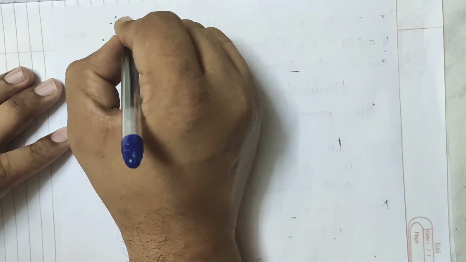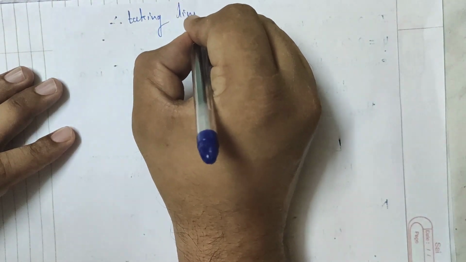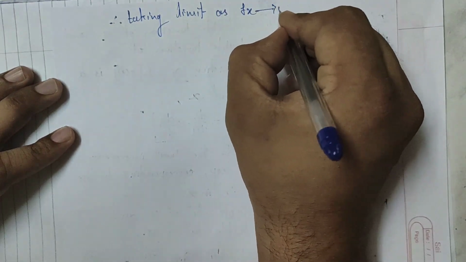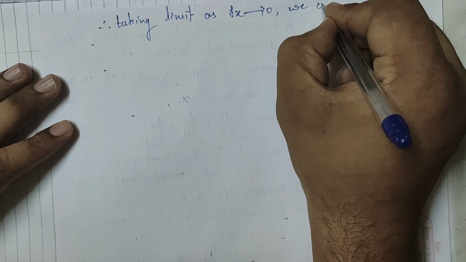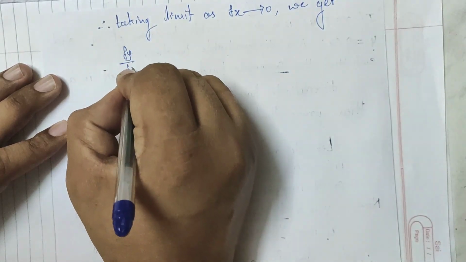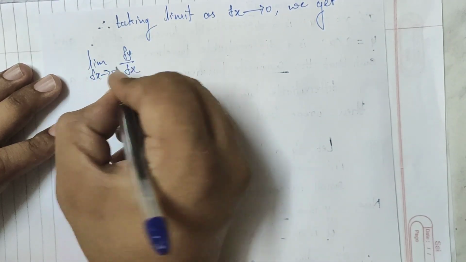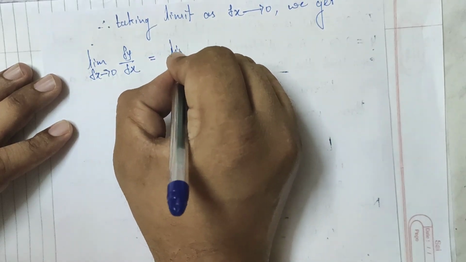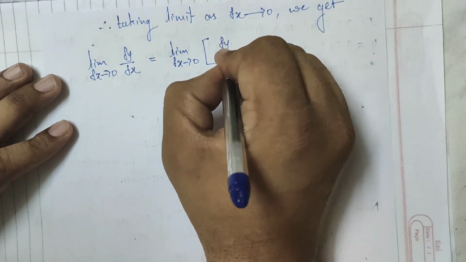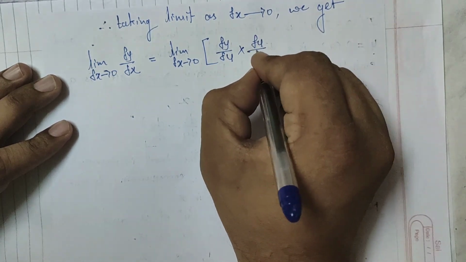Therefore, taking the limit as delta x tends to 0, here is delta y upon delta x, we apply the limit, delta x tends to 0, equal to the limit as delta x tends to 0 of delta y upon delta u into delta u upon delta x.